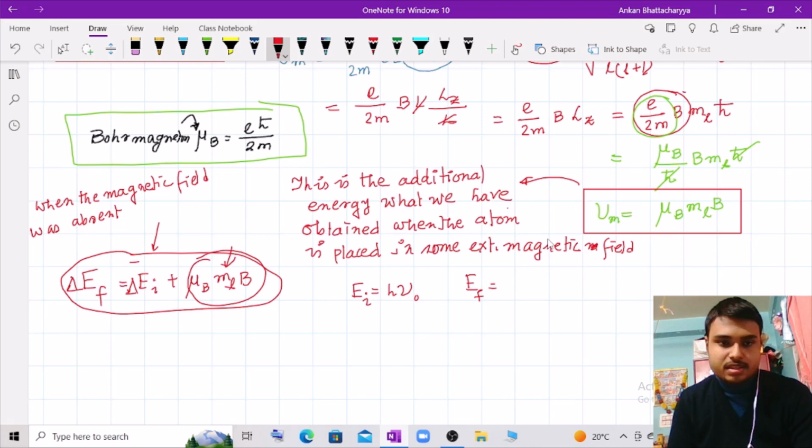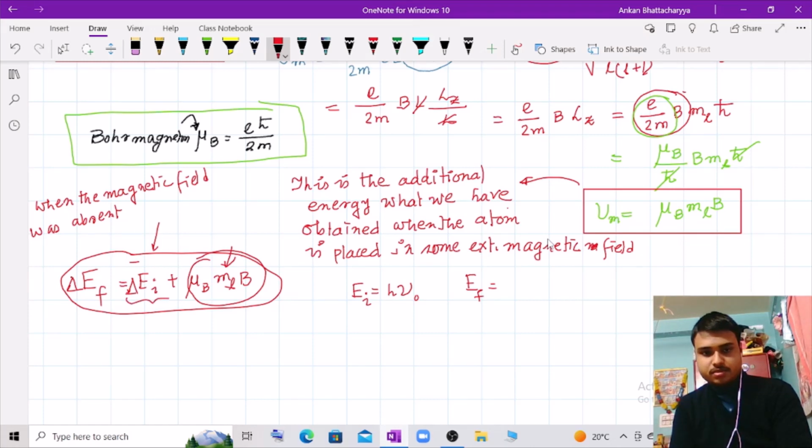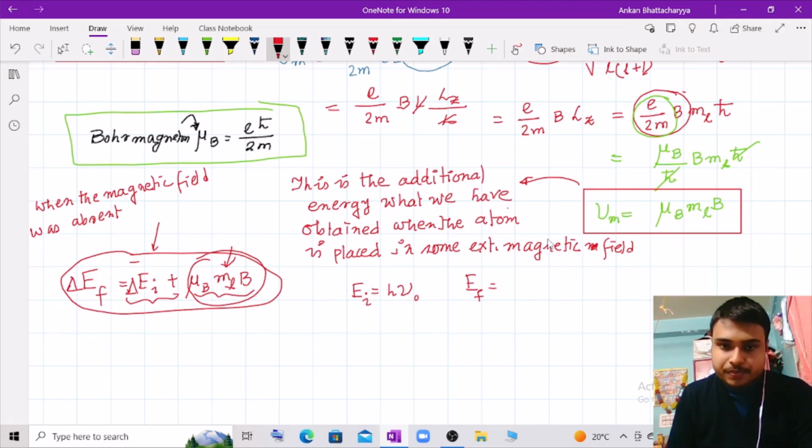And now when the magnetic field is present, this is the energy difference, which is equal to the sum of the previous one as well as another quantity. Let us write this as h nu.